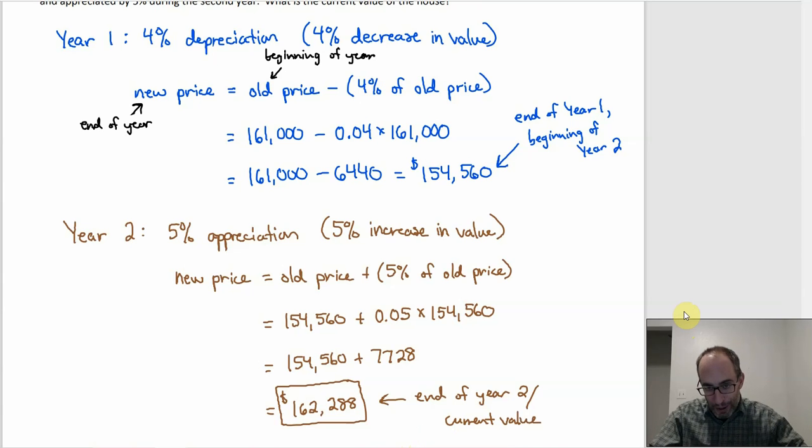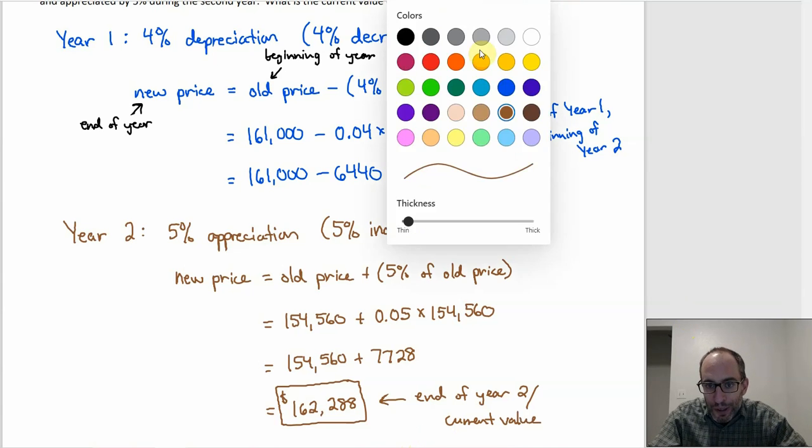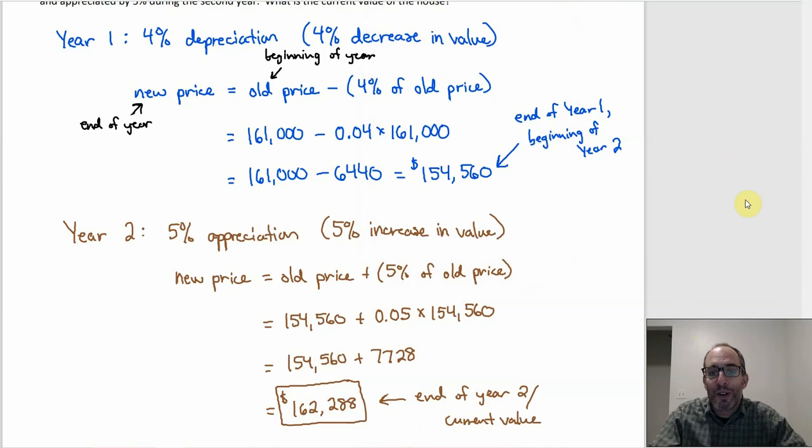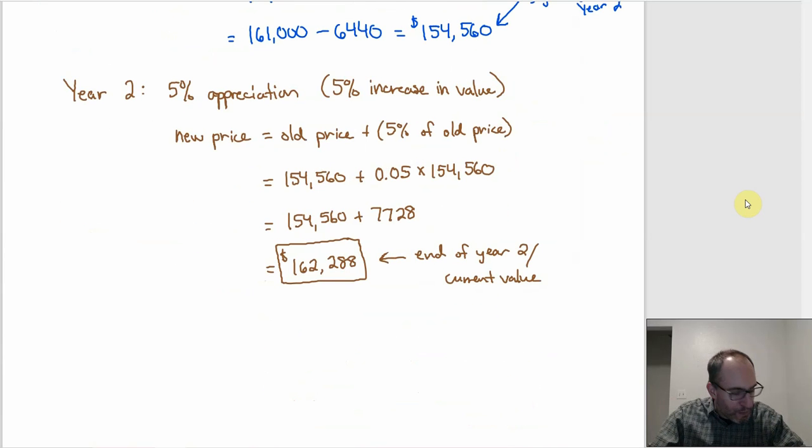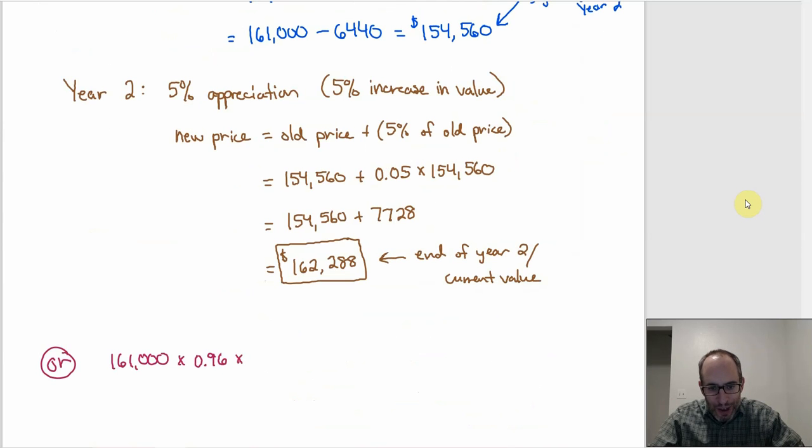I should point out, and I need another color for this one, you can do this one in a very compressed, compact format too. Or you could do the whole thing like this. If you start off with the 161,000, and then for the decrease of 4%, you'd multiply by 0.96, and then for the increase of 5%, you multiply by 1.05.